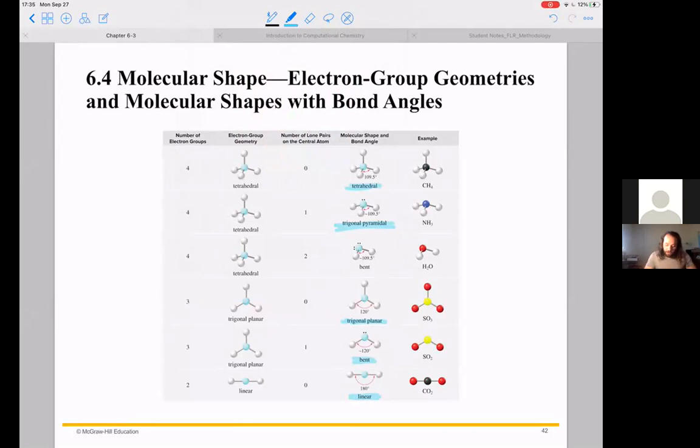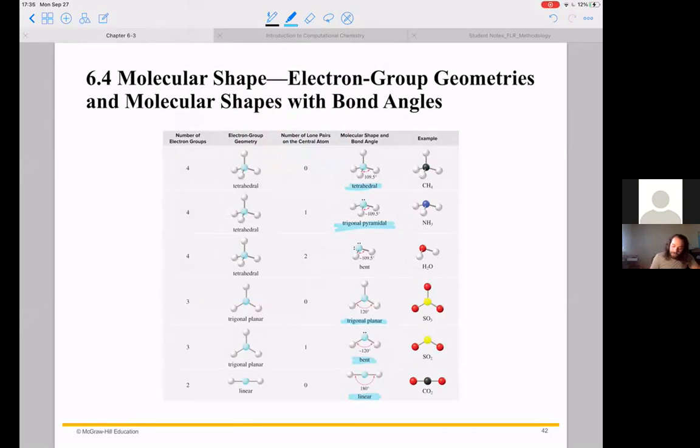The difference between trigonal planar and trigonal pyramidal is in the trigonal planar, all 3 of those atoms are in the same plane, so that shape is flat. Whereas in the trigonal pyramidal, it's kind of standing up like a tripod or like a triangle-based pyramid.